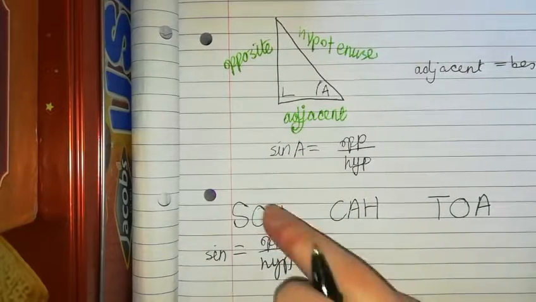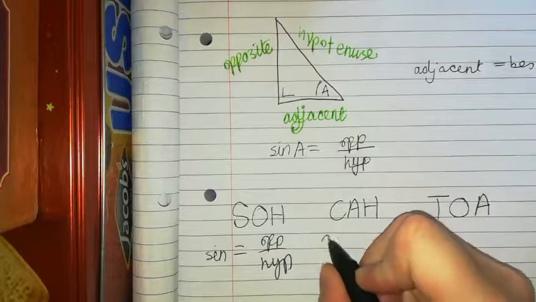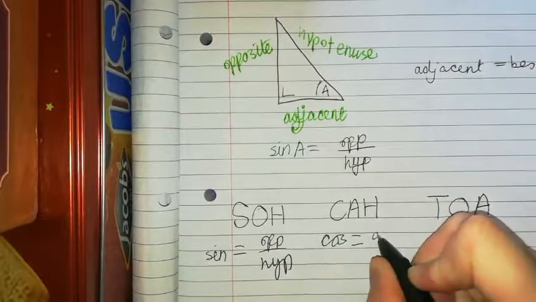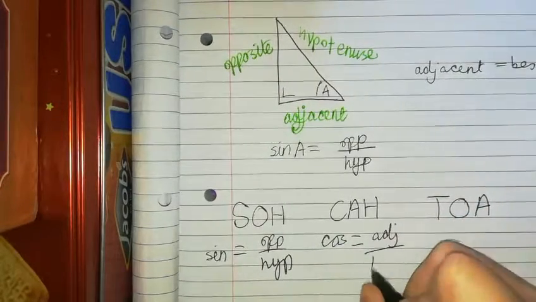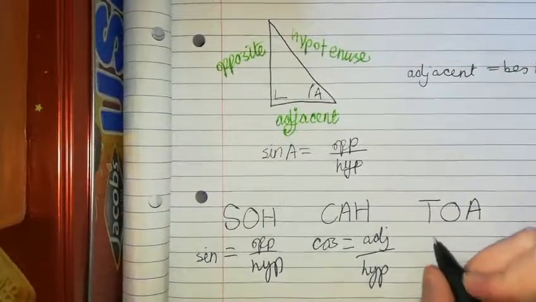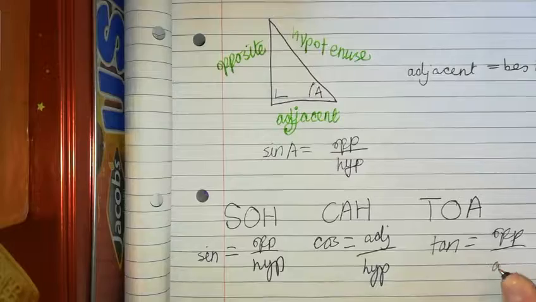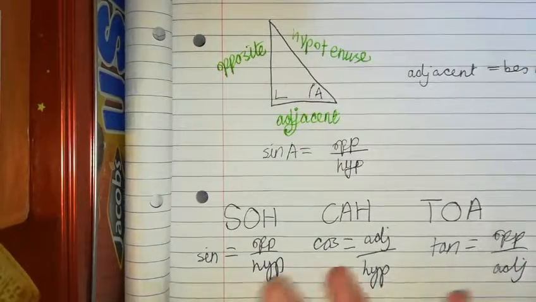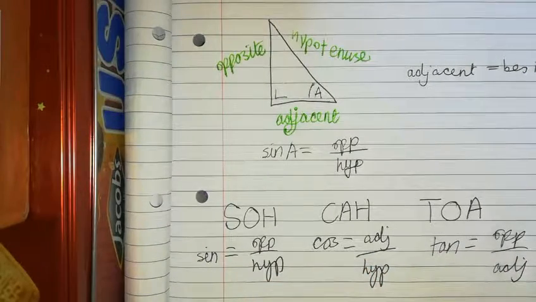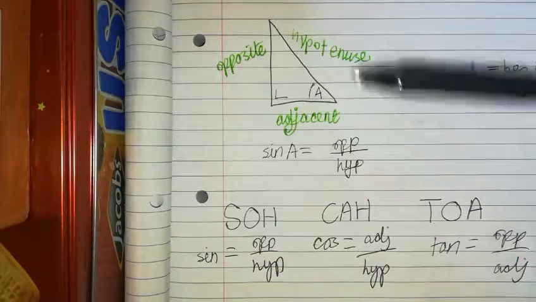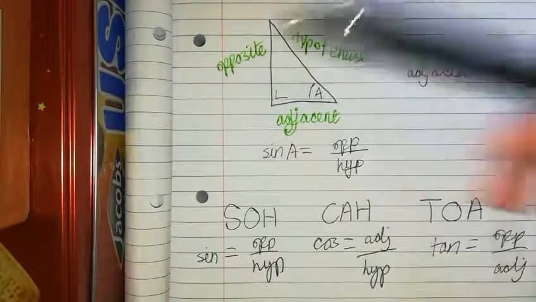The S stands for sin, O for opposite, and H for hypotenuse. The cos is the adjacent over the hypotenuse, and the tan is the opposite over the adjacent. They're the only three ratios we'll be asked to find, and we need to know which is the adjacent, the hypotenuse, and the opposite.